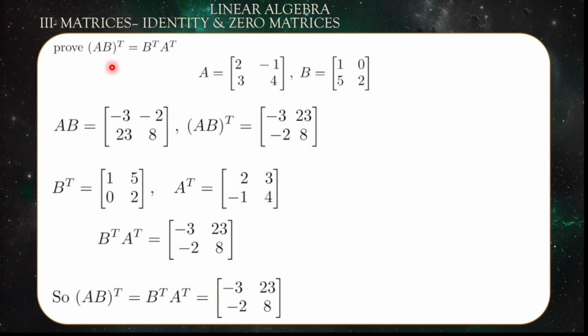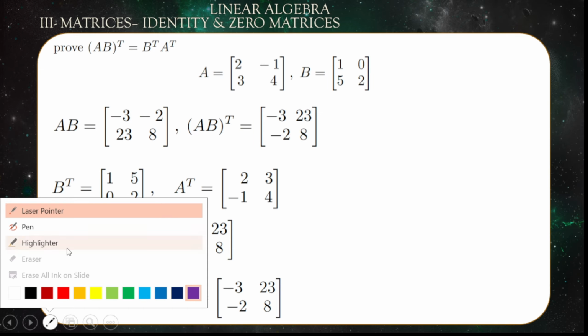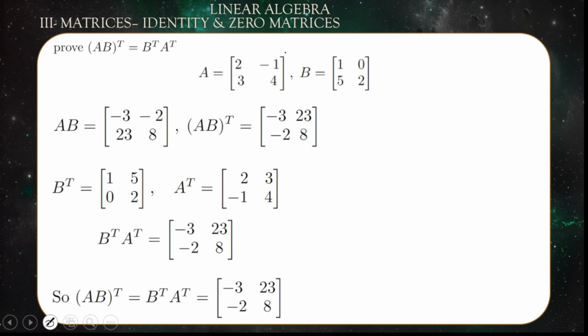Okay, prove that the transpose of A times B is equal to BT times AT, meaning that we need to prove that the transpose of the product of A times B is equal to the transpose of B multiplied by the transpose of A. Let us check at first A times B. This is easy. You can pause the video and try to figure it out.